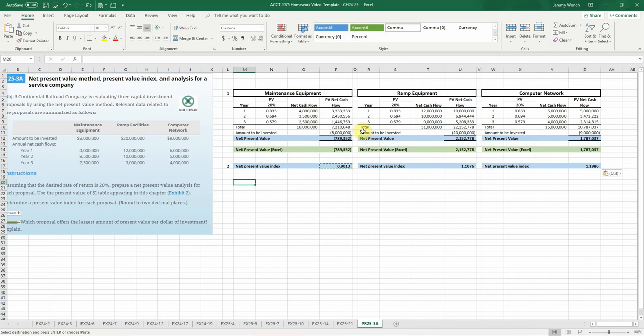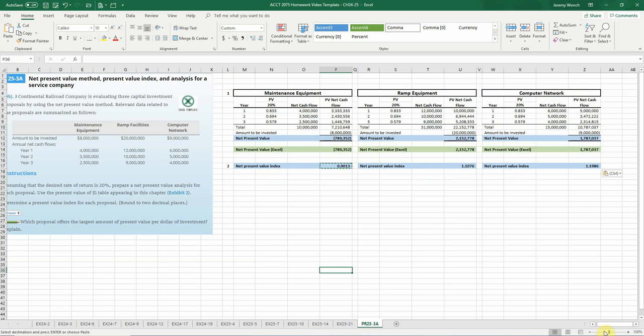Essentially what that's doing is looking at what factor we can multiply our initial investment by to get the net cash flows. You're not normally going to use that when you're coming up with an analysis to see what's better. You're going to use the Excel function here or set up the table.